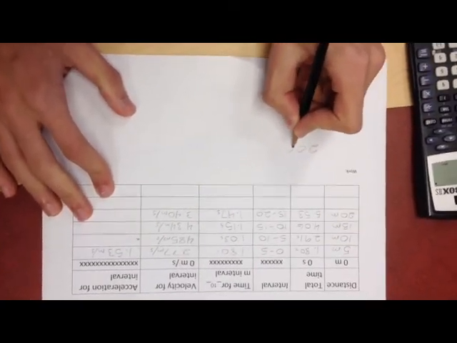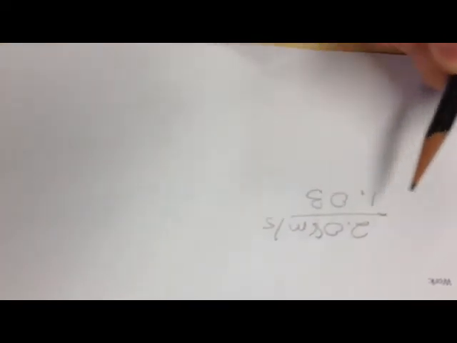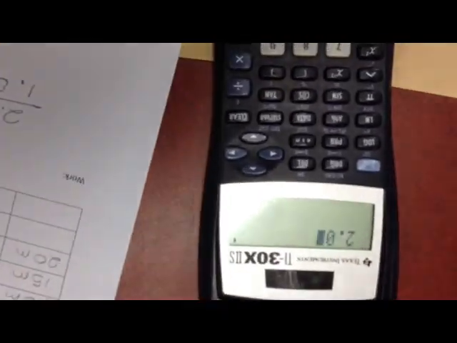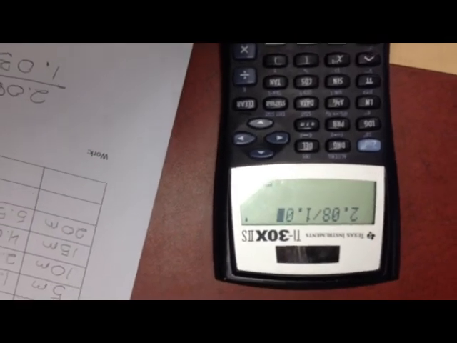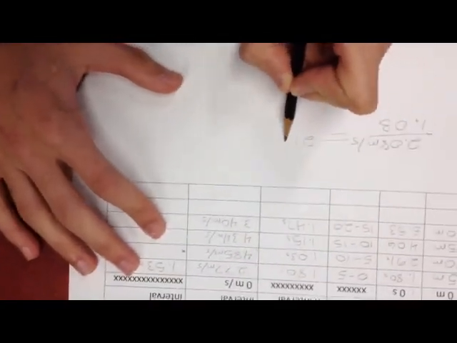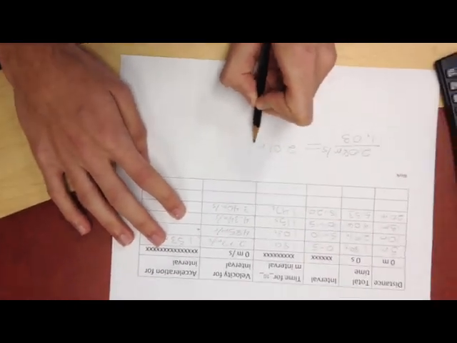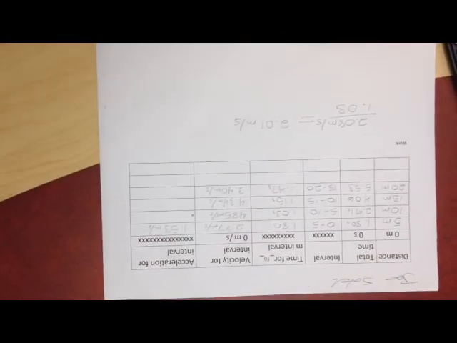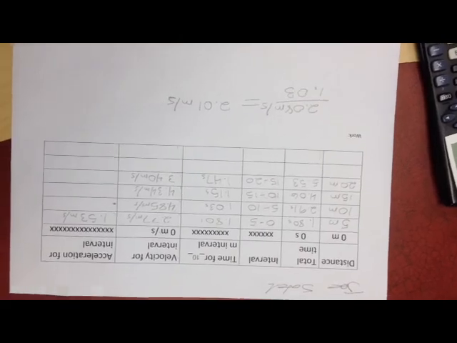You now just have to divide the 2.08 meters per second by 1.03 seconds, and when you do that, you get 2.01 meters per second squared. Because the answer is positive, it represents an increase in acceleration for this interval.